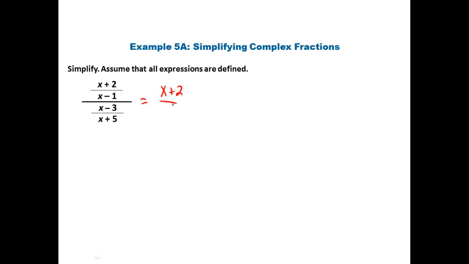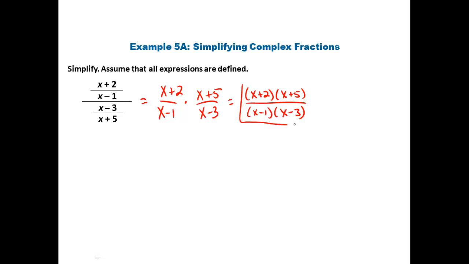So we have x plus 2 over x minus 1 times, flip that around, x plus 5 over x minus 3. And now, just like fractions, we're going to multiply across: x plus 2, x plus 5 over x minus 1, x minus 3. You don't need to multiply everything out. You can leave your answer just like that.